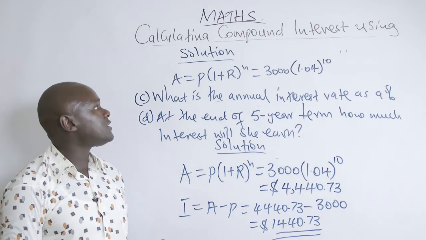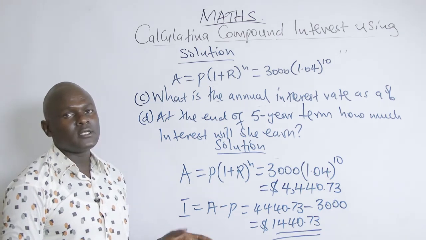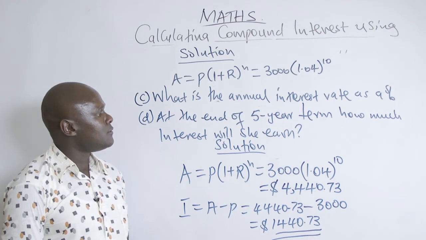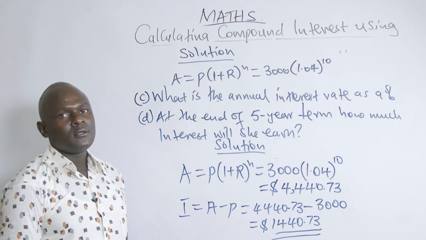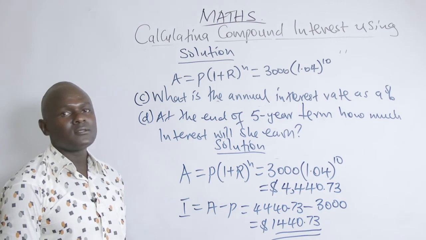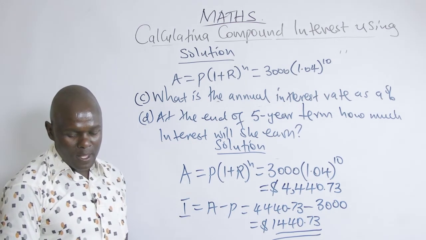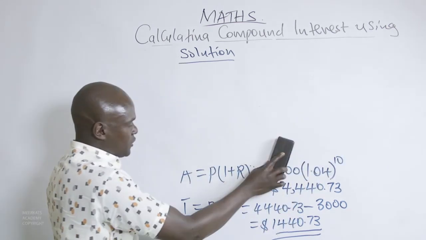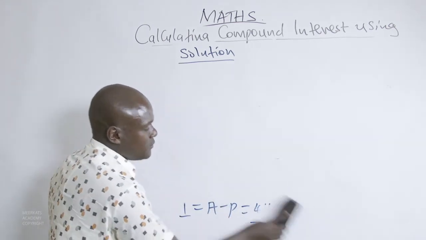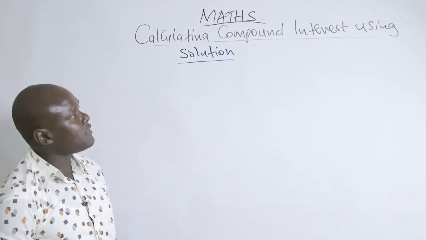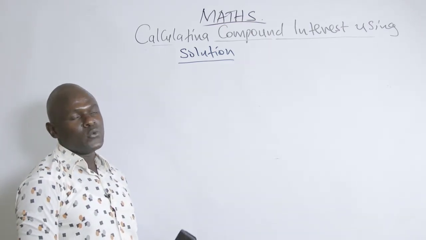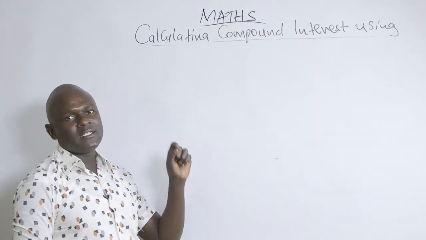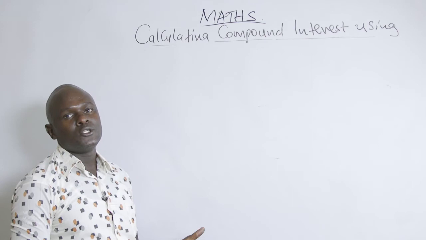Having gone through the first example, the second example that had several sections, and now the last, which is the third example, I hope you have understood how to calculate the compound interest when the period is less than a year. We said at the beginning that it requires us to make adjustments on 2 things.